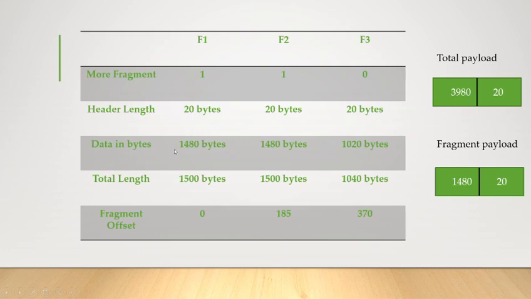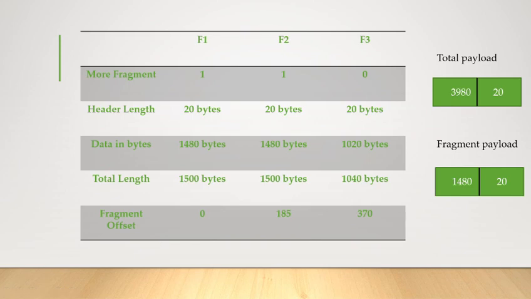So we fill fragment 1 completely, and fragment 2 also completely, but in the third we fill the remaining portion of the payload after subtracting 1480 and 1480 of fragment 1 and fragment 2, that is 1020 bytes. The total length is obtained by adding the header length and the payload, that is 1480 plus 20 is 1500.